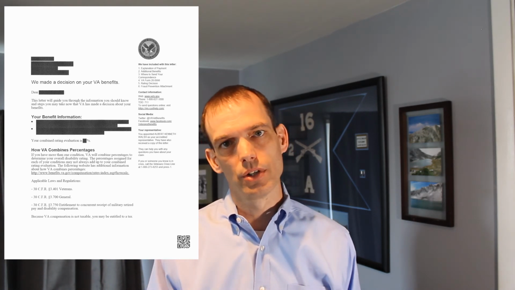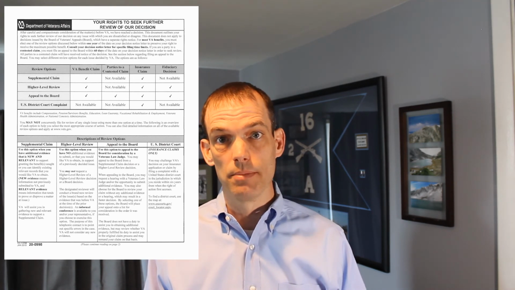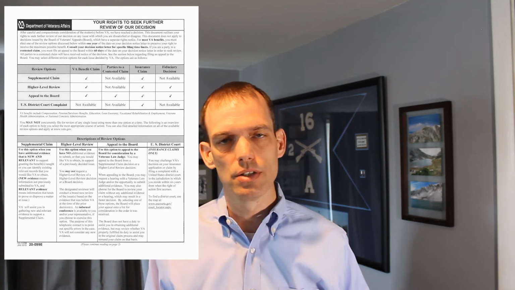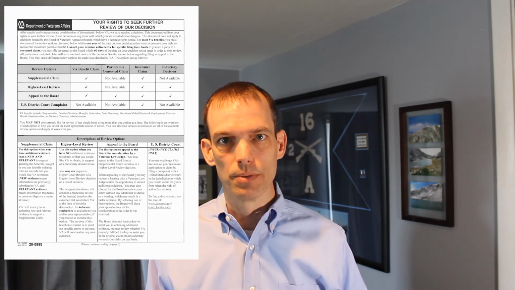That's your clue that you're looking at the notice letter. Also with the notice letter, the VA adds all of those documents to the back where the VA describes your options to appeal a decision or describes other benefits that are available to you.